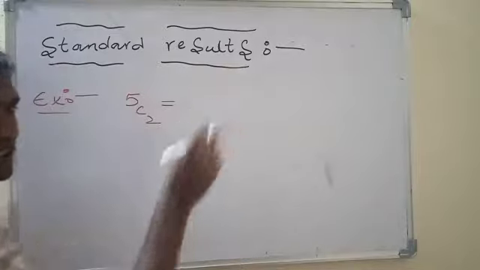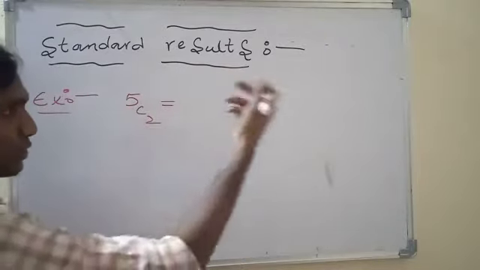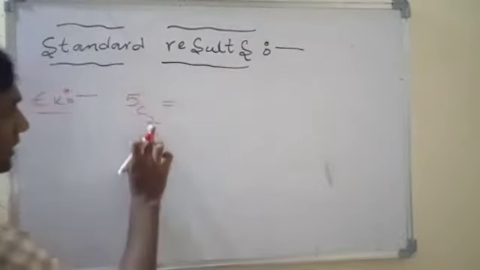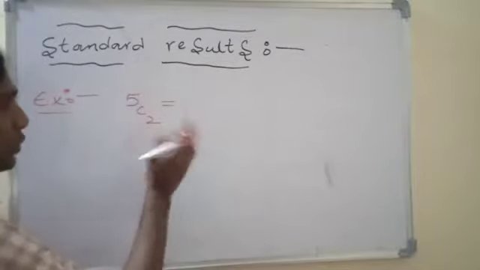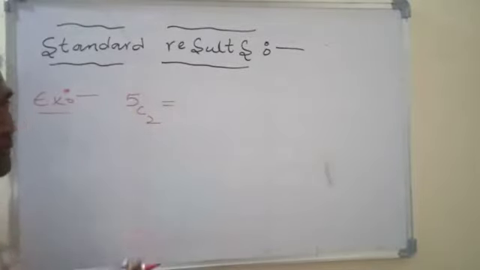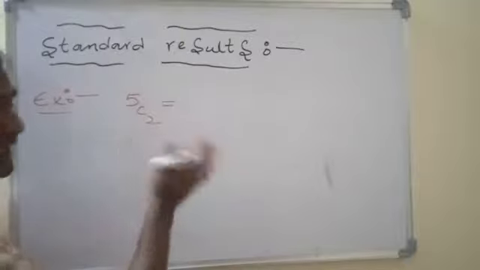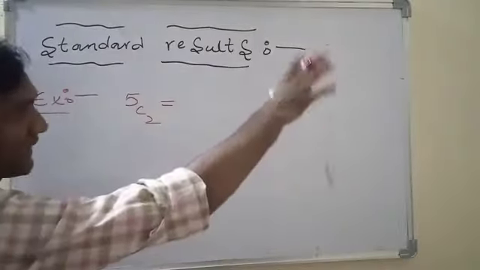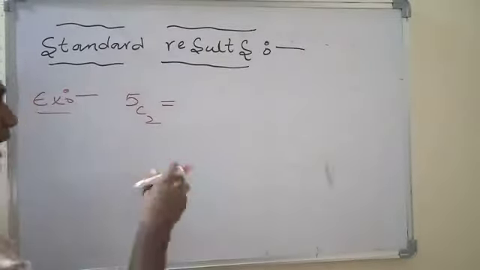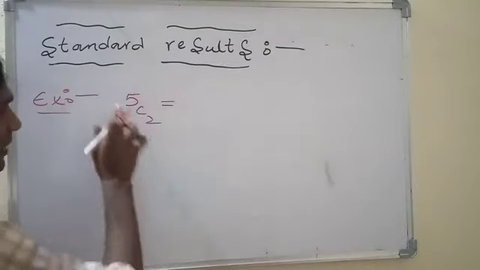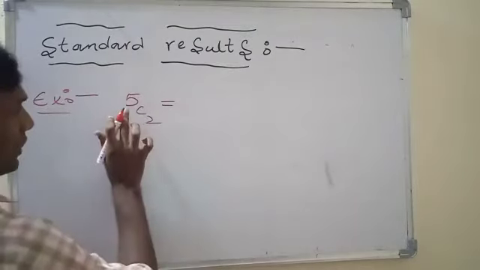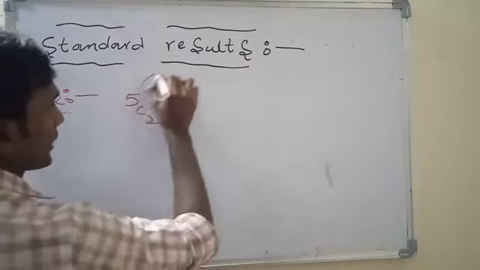Check the two conditions: 5 is greater than 2, first condition satisfied. The value of r equals 2, which lies between 0 and n, that is 0 and 5. So both the conditions are satisfied. Now apply the formula of nCr for finding the value of 5C2, where n equals 5, r equals 2.